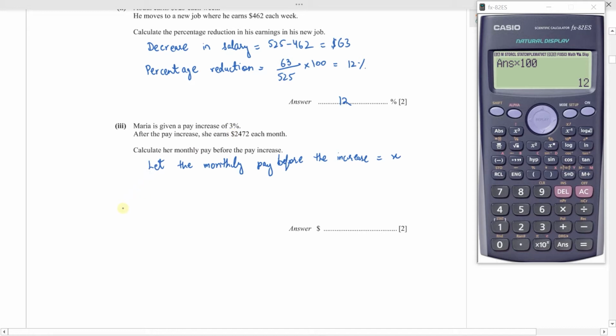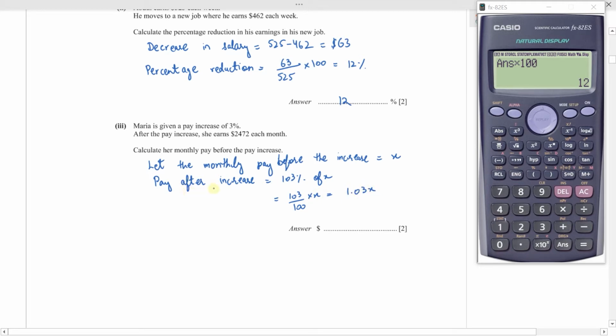So then pay after the increase will be, so there's a 3% increase, so that means 103% of the salary before the increase, which was X. So this is 103 divided by 100 multiplied by X, which is 1.03X.